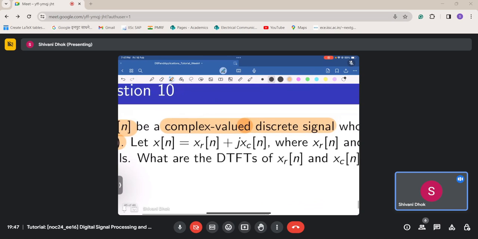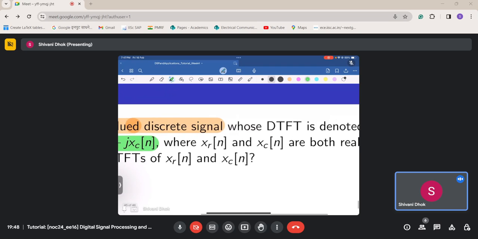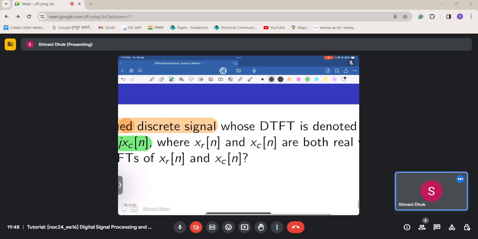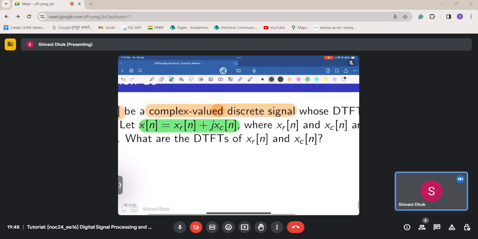Since it is a complex valued signal, I can represent it as real part plus j times imaginary part, and xr[n] and xc[n] are both real valued signals. The question is, we need to find the DTFTs of xr[n] and xc[n].